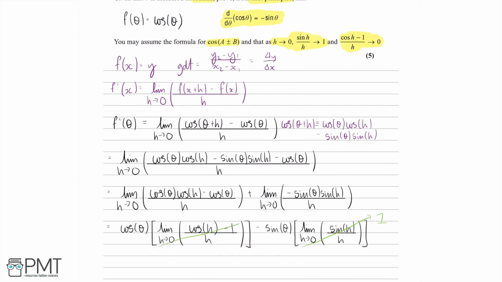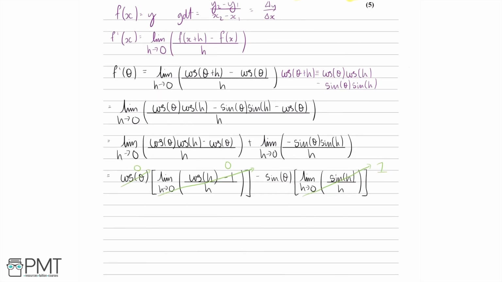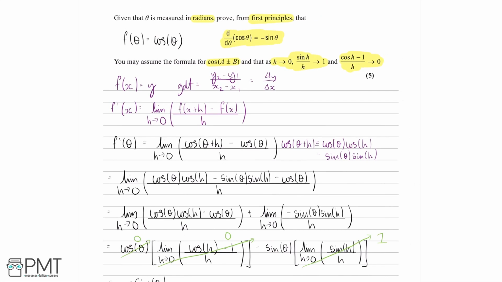Which means this part here is going to be 0. But in that case, we have cos theta times by 0, which means this part also goes to 0. So all we're left with now is just minus sine theta from here. And that's exactly what we need for the question. The derivative of cos theta is minus sine theta. So that's it for this question.